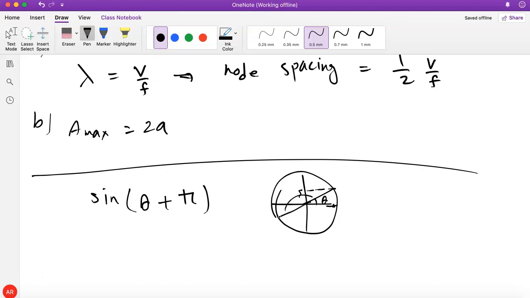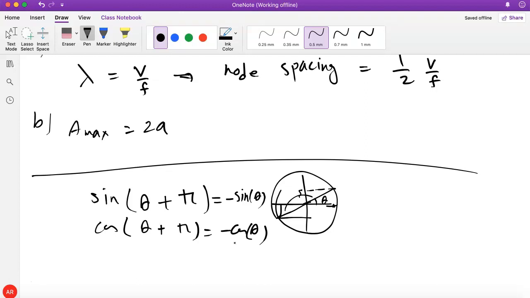If you add a pi, you go over here, so both the sine and cosine change sign. So the inversion means the displacements go to negative what they were, right?